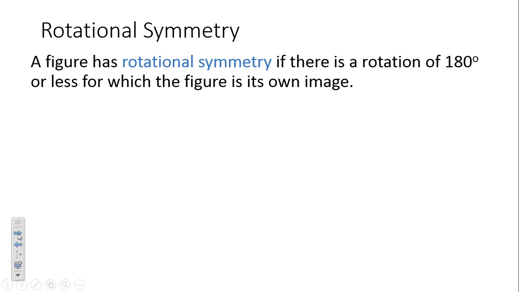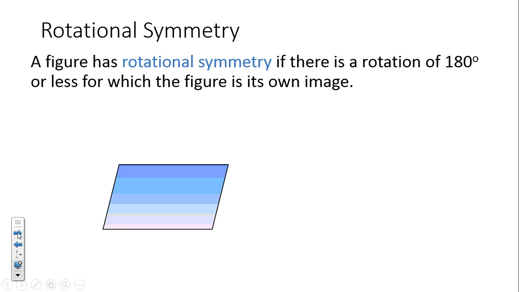So you have an example of a parallelogram, a quadrilateral with two pairs of parallel sides. And it has a diagonal going across the middle. This has 180 degree rotational symmetry. So watch what happens when we rotate it.